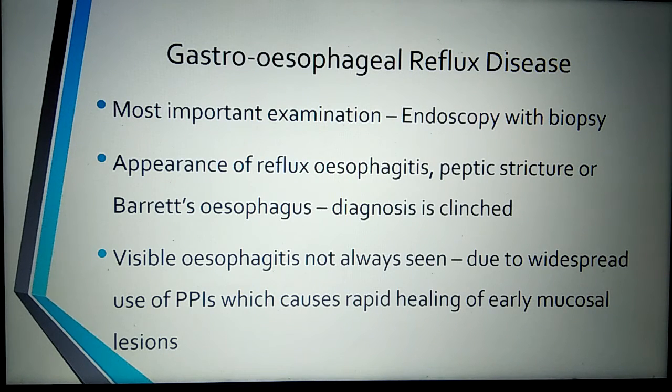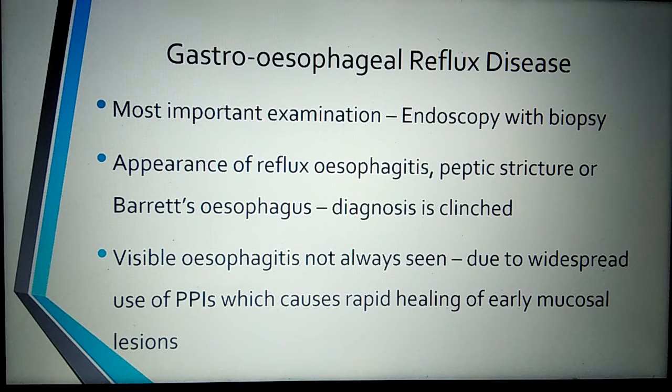During the diagnosis of GORD, one of the important examinations is endoscopy with biopsy. If on upper GI endoscopy we can see features suggestive of reflux esophagitis, some stricture, or the presence of Barrett's esophagus, the diagnosis is very much clear.